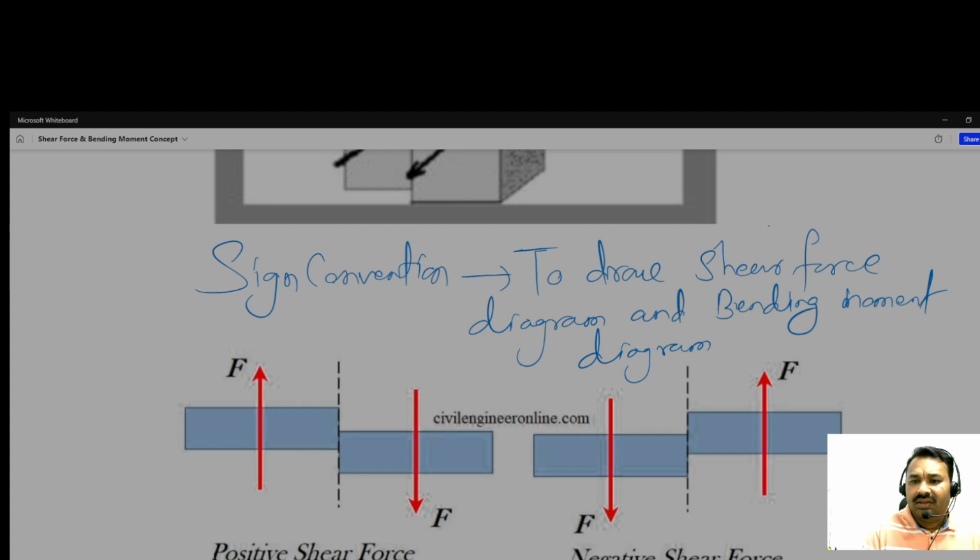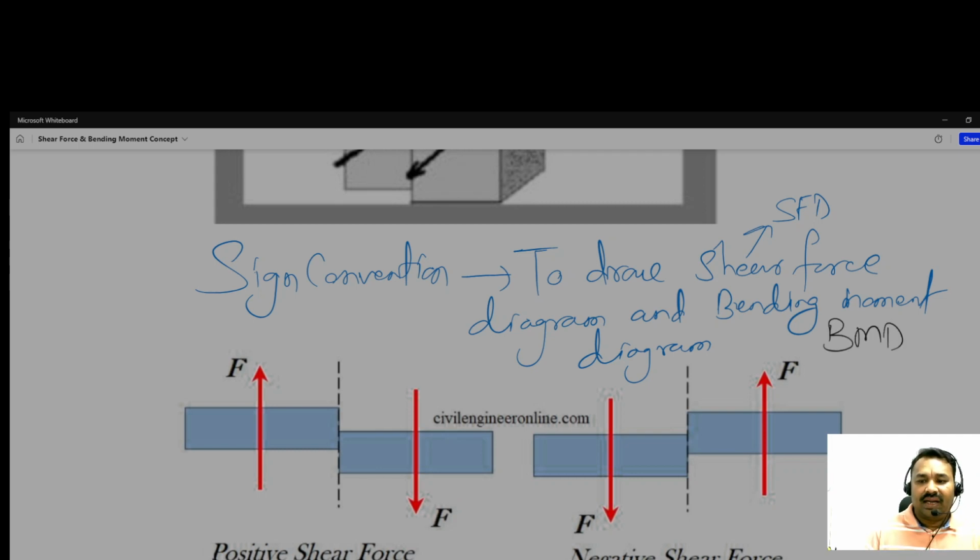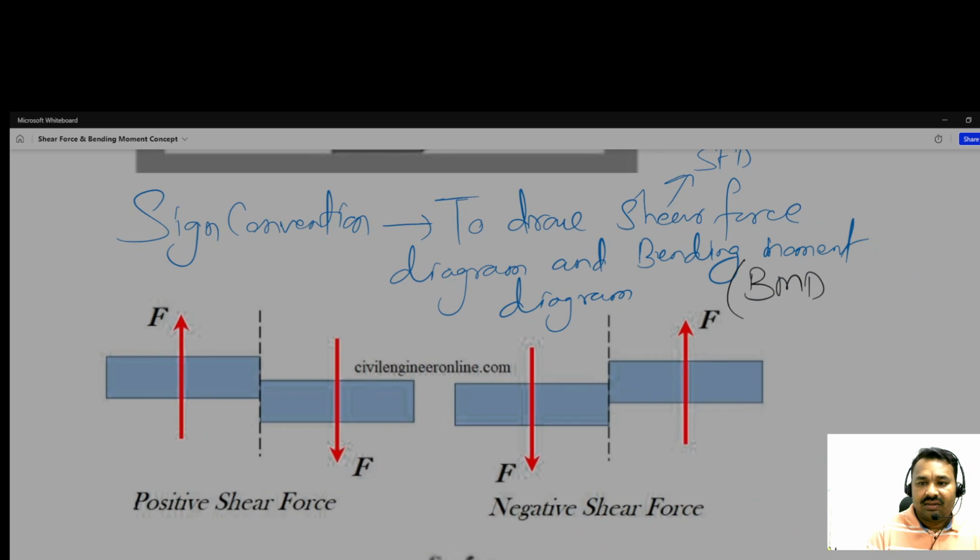In short form, we write this as SFD, and this we write BMD, bending moment diagram. And why is it required? Because we want to know the profile of the deformation, so that we can take care while designing, while thinking about designing a bridge, like a railway bridge.